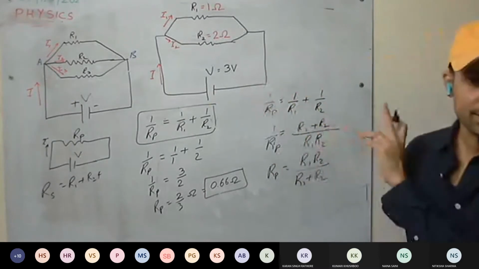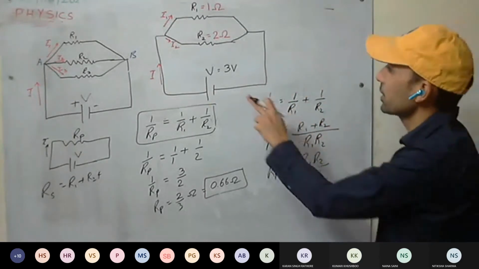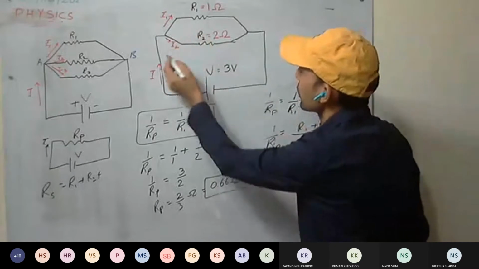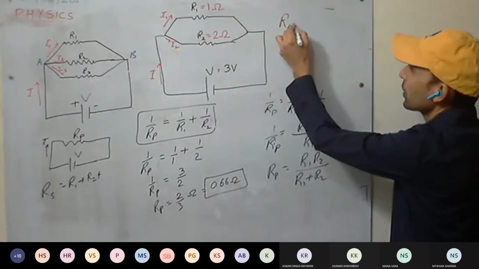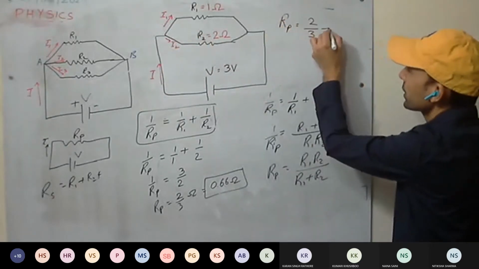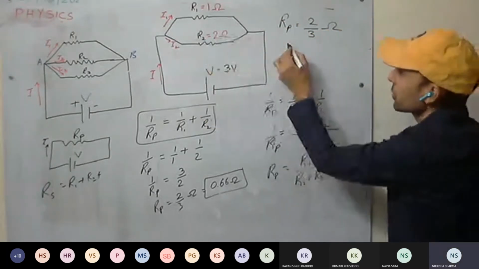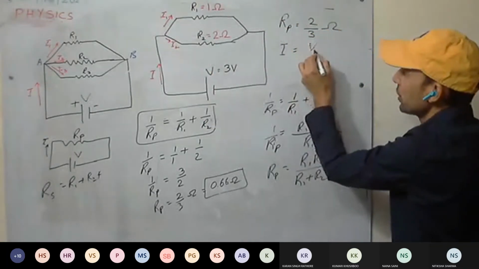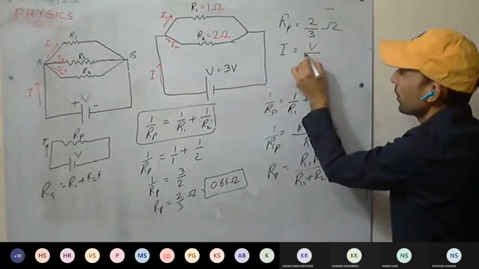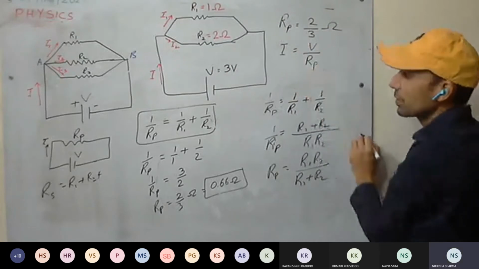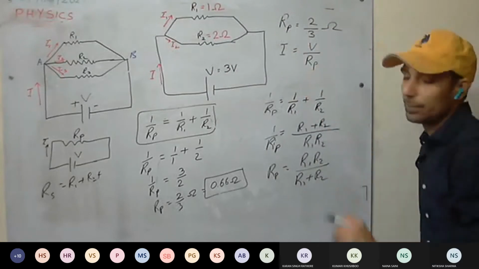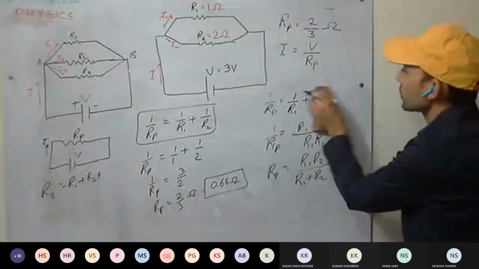Okay, now we discuss the current here as well. So equivalent resistance Rp equal to 2 by 3 ohm. So current flowing through the circuit will be V upon Rp. This will be the total current flowing.